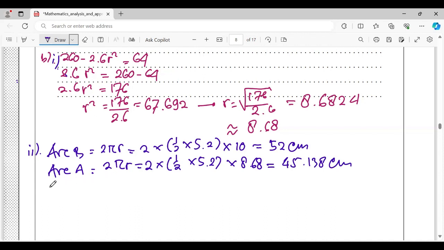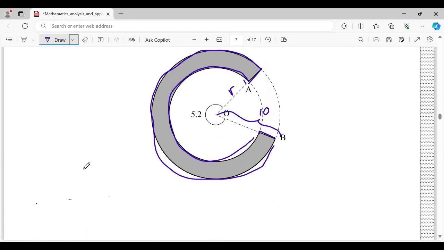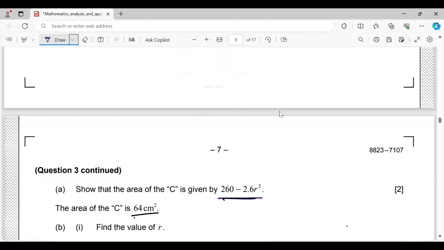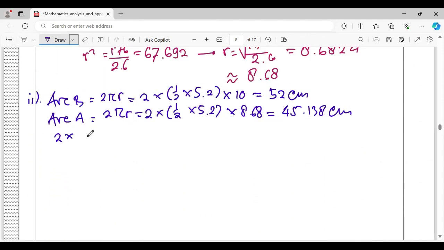So now I'm going to calculate this one and this one: 2 times (10 minus r), r is this one. 2 times (10 minus 8.68), 2 times 1.32, and it is 2.64 centimeters.